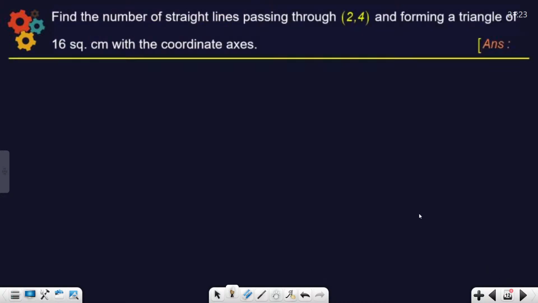See this question. Find the number of straight lines. Number of straight lines. I don't want the equation of straight lines. I want the number of straight lines which pass through 2, 4 and form a triangle of 16 square centimeter with the coordinate axis.